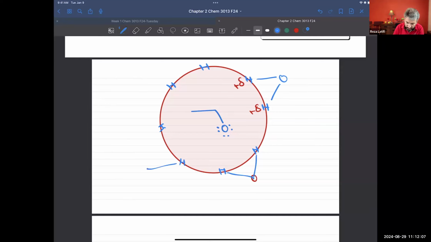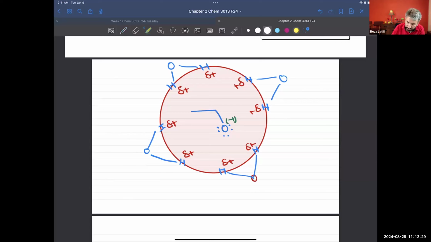And say we have oxygen somewhere there. All these hydrogen atoms come with positive charge. And oxygen has a negative charge. Remember that one.